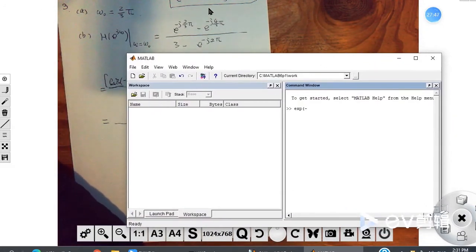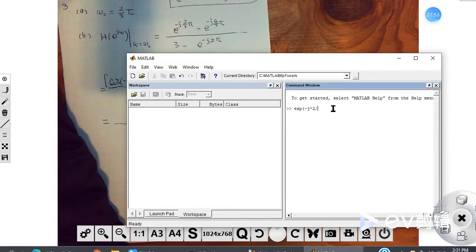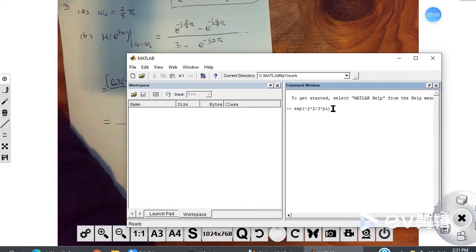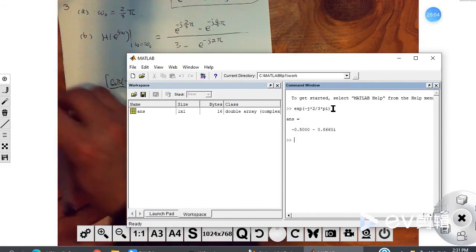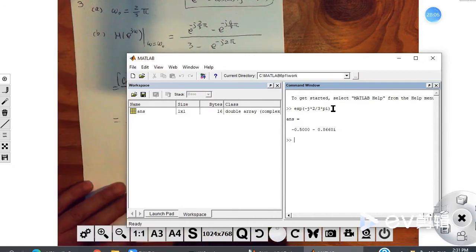It's here. So it is exponential power negative j times 2 over 3 times pi. This is the first term. It's negative half. I just copied.